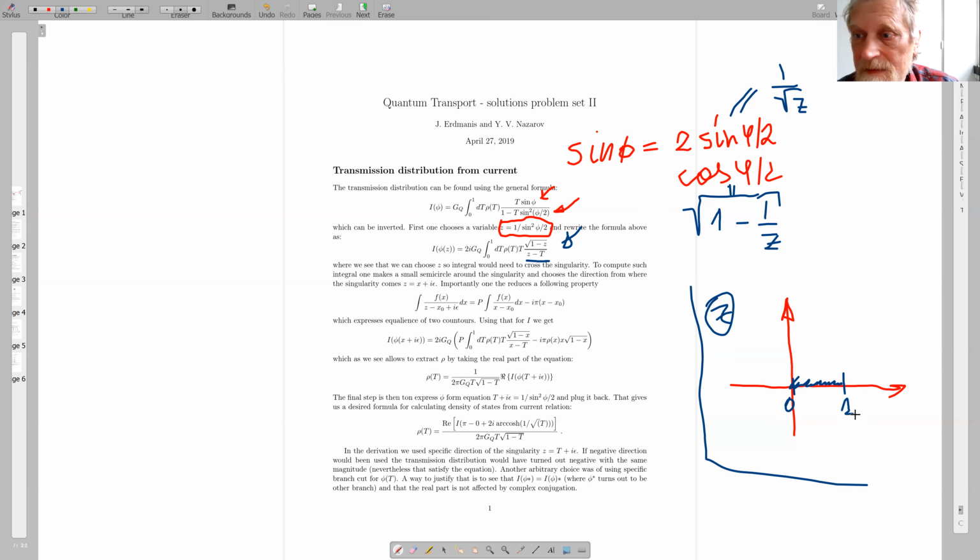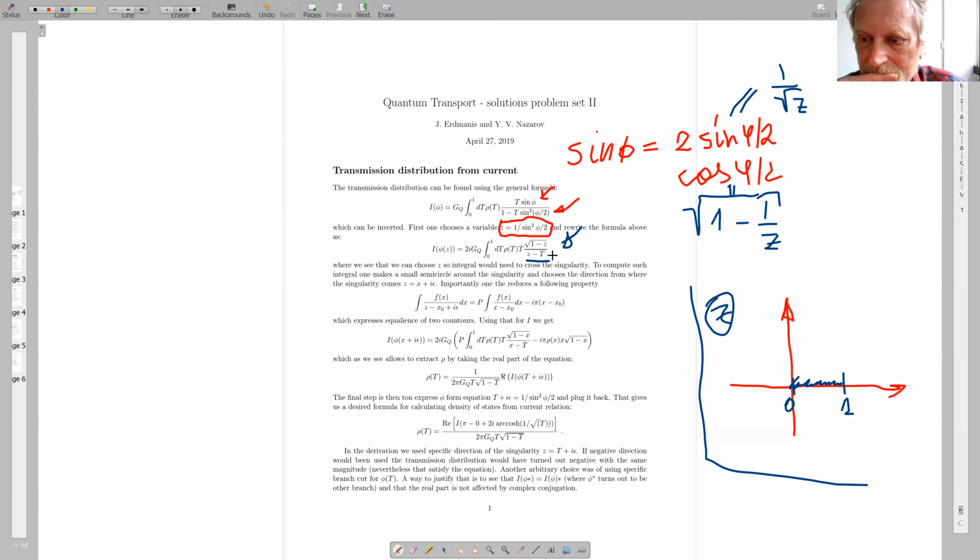Good. For any z which is not in this interval, the integral has no problems. We never touch 0 in the denominator. But sometimes that is not the case.